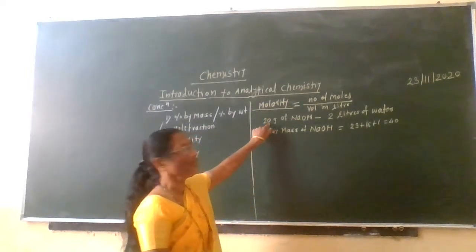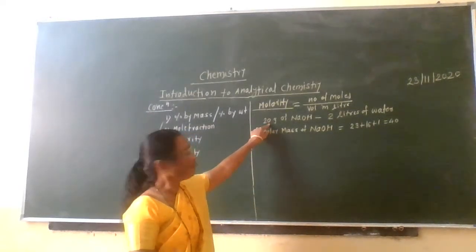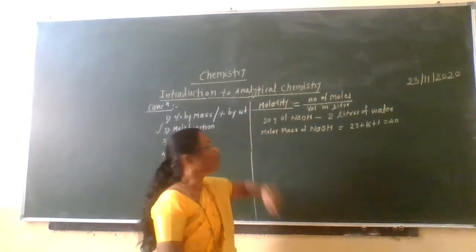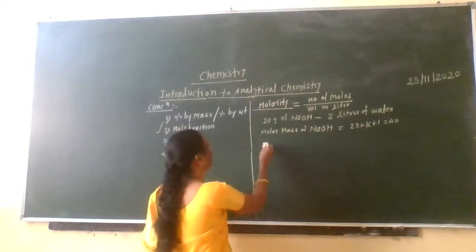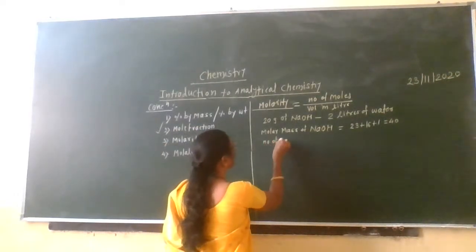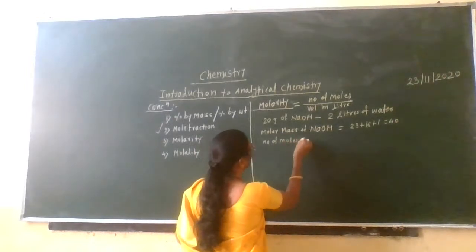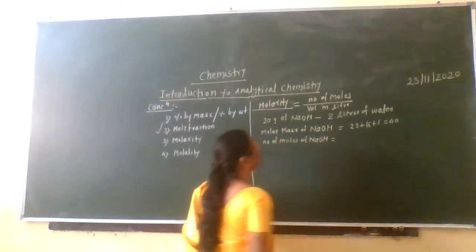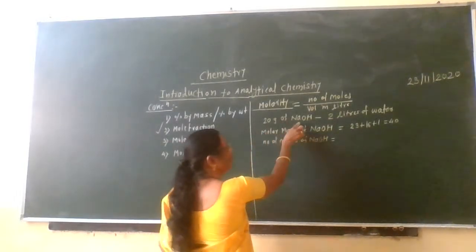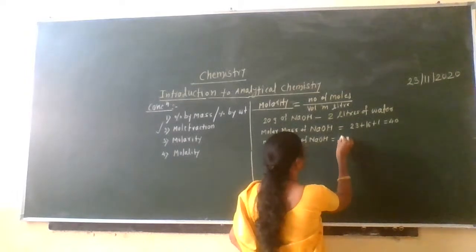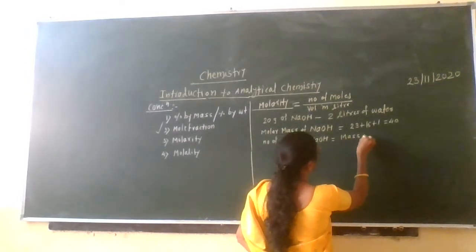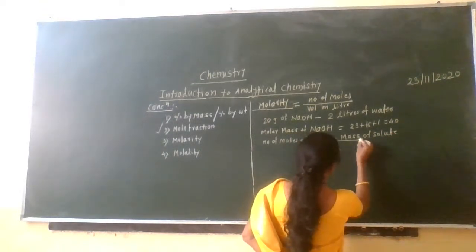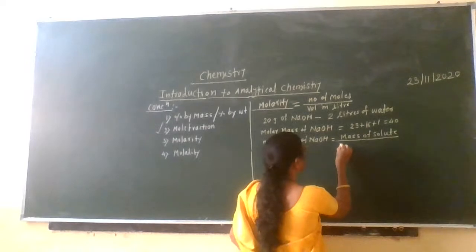And the mass of NaOH is given. From the mass of NaOH and from the molar mass of NaOH, we can calculate the number of moles first. Number of moles of NaOH is equal to mass of solute divided by molar mass of solute.